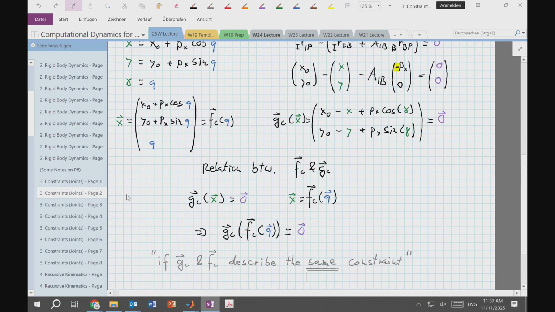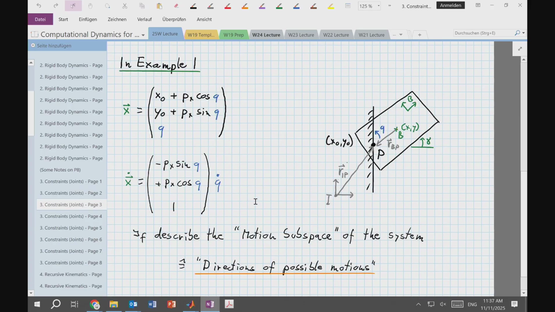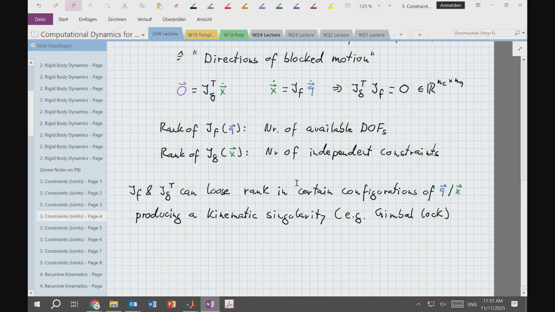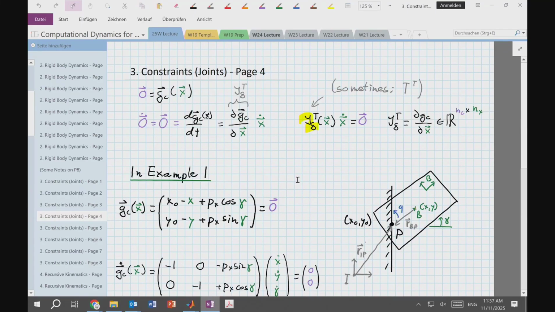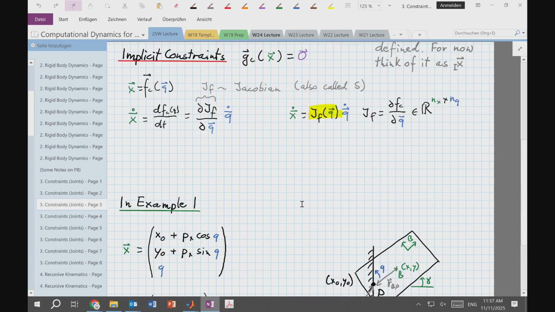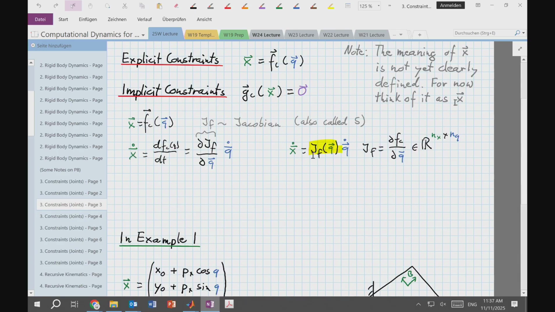We went through this and extended it to velocities, where we found a nice linear relationship through what we called the Jacobian. And of course, we got two Jacobians. For the explicit constraints, we got an explicit constraint Jacobian, JF, which if you multiply it with the generalized velocities, q dot, you get the velocities in which your system moves.